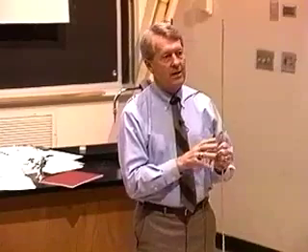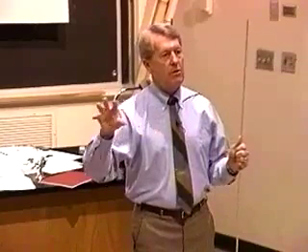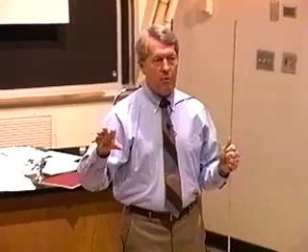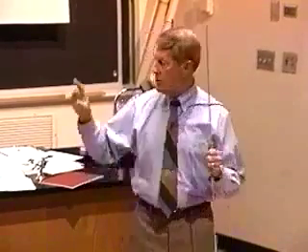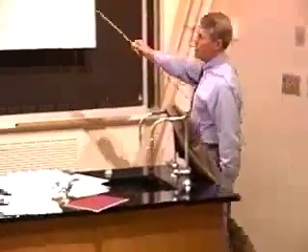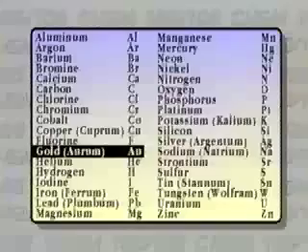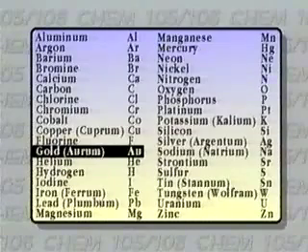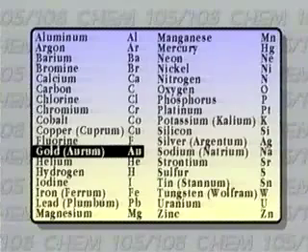So some of these are named not in the name that we use today, but in the original name given to them. Copper was cuprum, as you can see, and that's where the symbol Cu came from. Gold is another good example. Gold, that's the common English name, but its original name was aurum. And so the symbol for gold is Au, not a G, as we might predict.